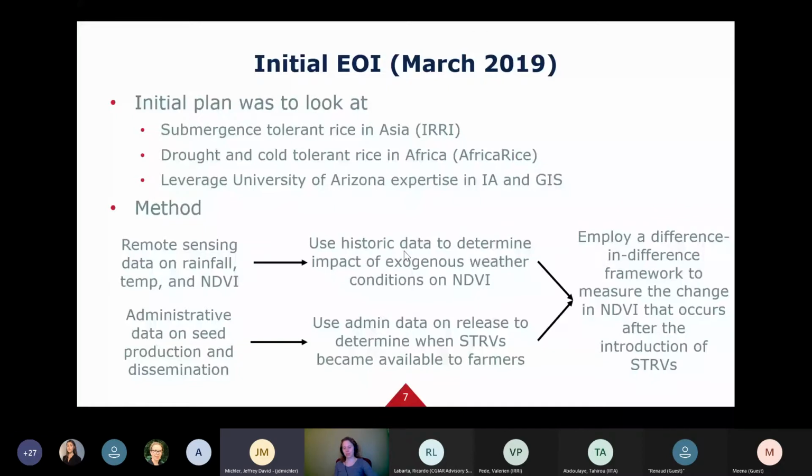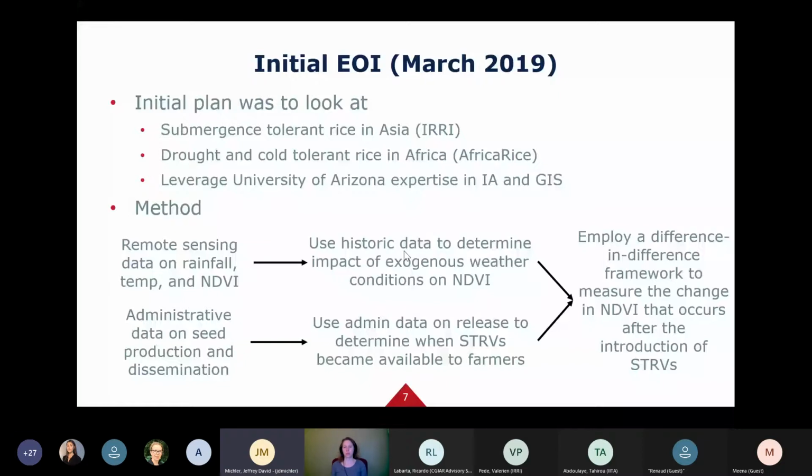And then the next year you see it flood 5 feet, and the NDVI drops, relating the NDVI to exogenous weather events over a long baseline prior to the introduction of these STRVs.